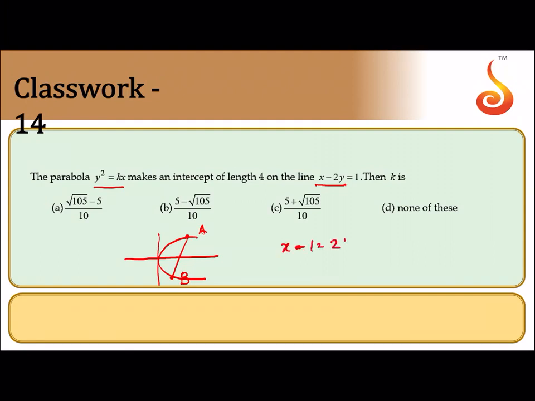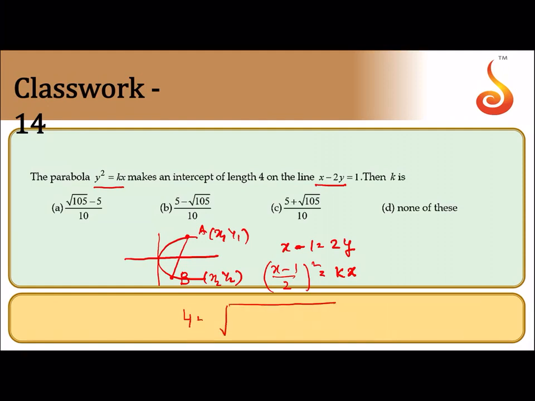Suppose x minus 1 is equal to 2y. If we substitute here, we get ((x minus 1) by 2) whole square is equal to kx. From this we get this is (x1, y1) and this is (x2, y2).